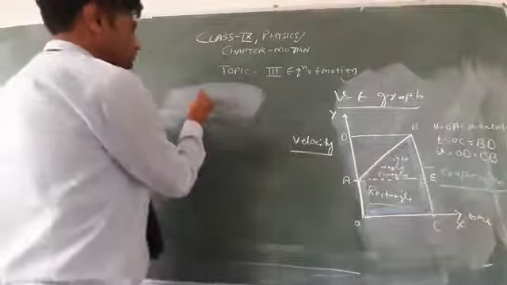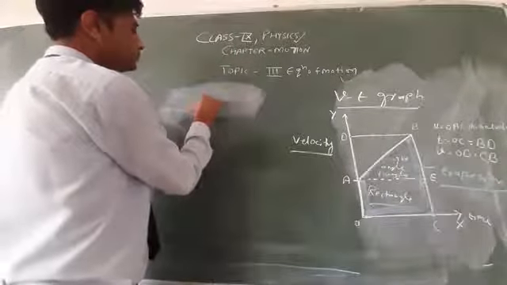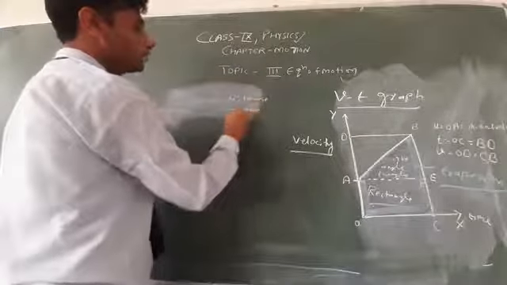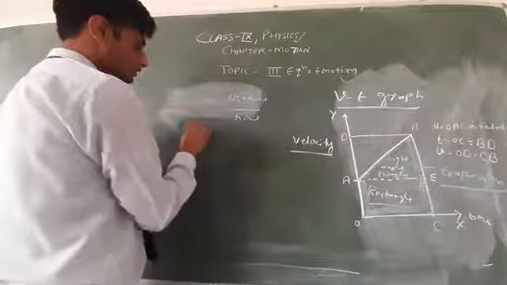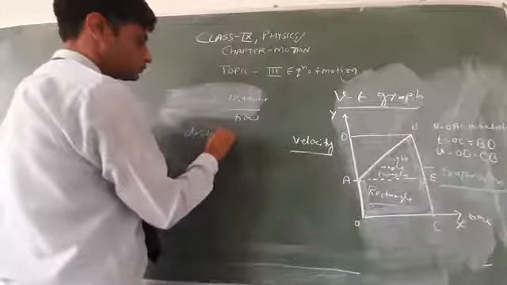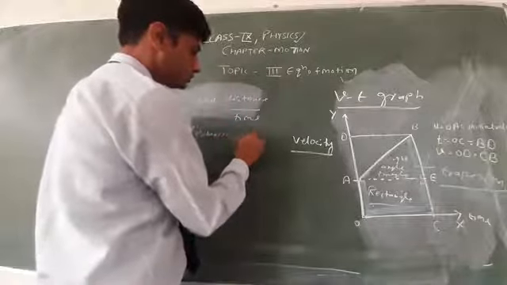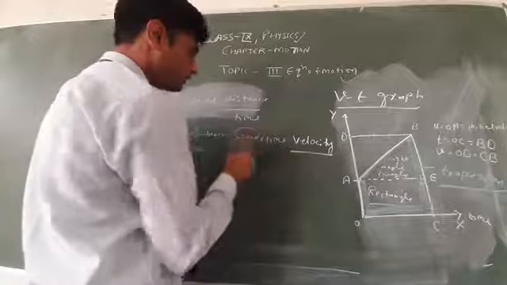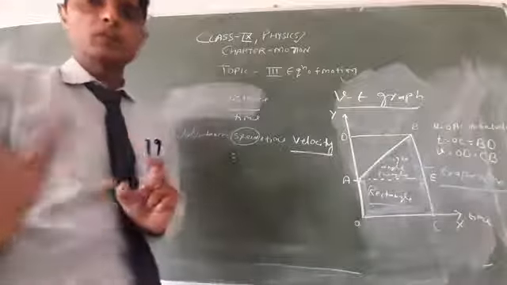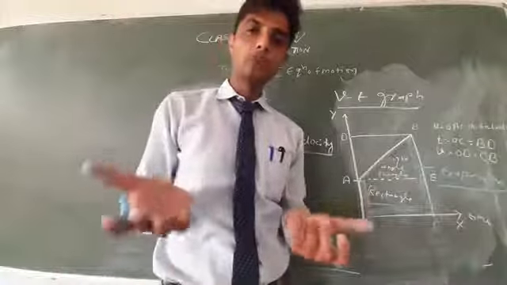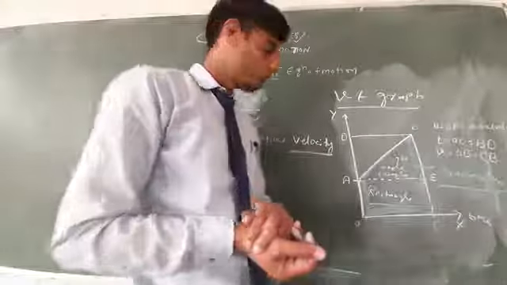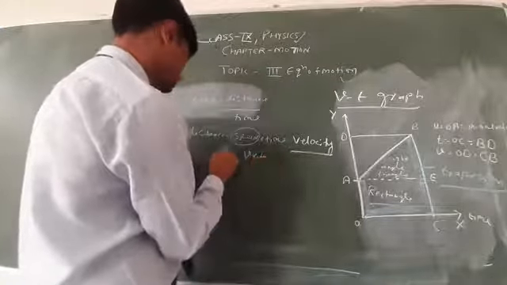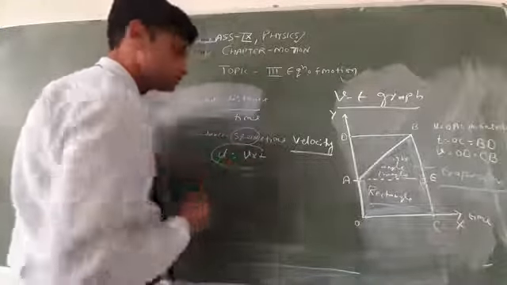As you know, speed is equal to distance upon time, so distance is equal to speed into time. In linear motion, the magnitude of speed and velocity will be equal, so you can write v into t. So distance is equal to velocity into time.